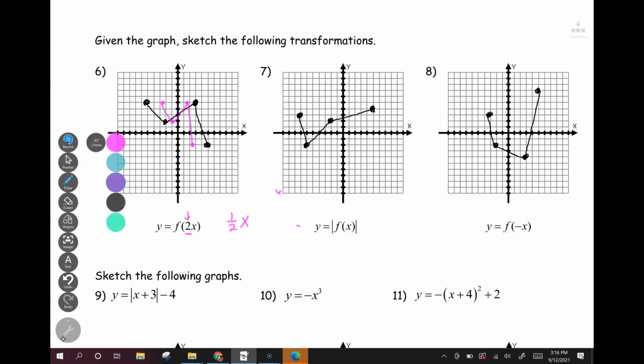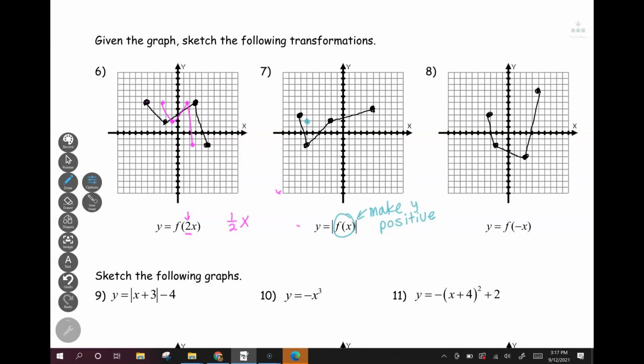All right. Number 7. These absolute value bars make y positive. Remember, f of x is the same thing as y, and absolute value makes it positive. So you're going to make y positive. Right here where it goes below the x-axis, you want to flip that, reflected over the x-axis.